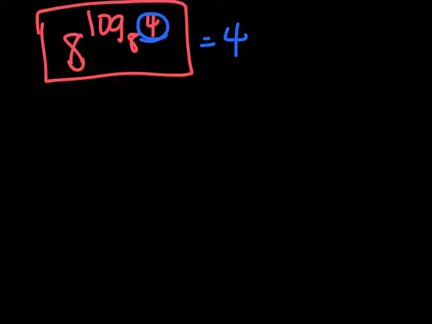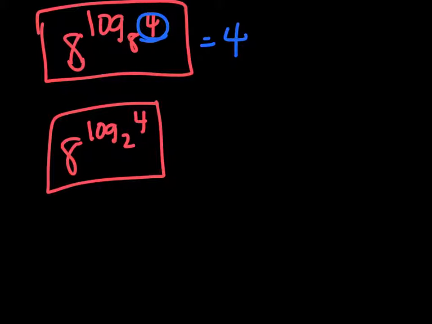Okay, so what do I do if it's not the same number? For example, if I have 8 to the log base 2 of 4, you'll notice these are not the same base. However, 2 and 8 do have something in common. I can change the 8 to 2 cubed.